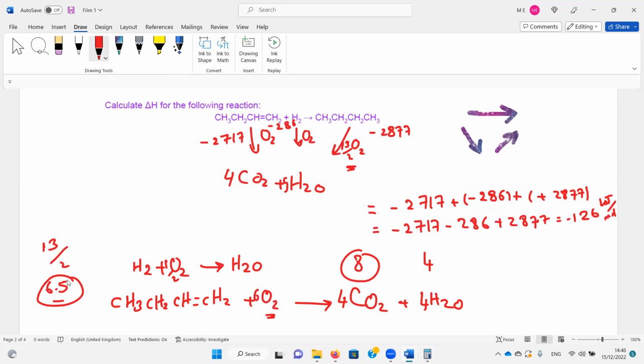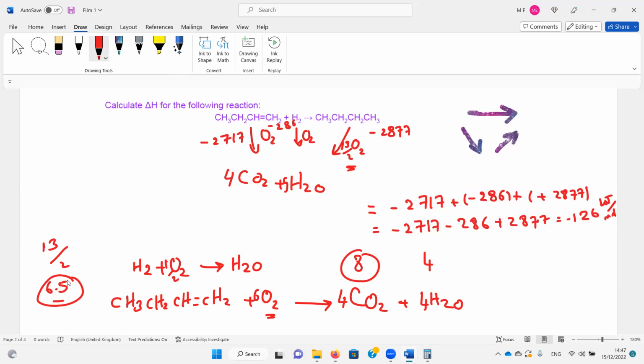I hope that was beneficial and made sense to you. So to summarize, these are the 3 types of problems that are frequently asked in the exams. It's either the bond enthalpy, when you are given bond enthalpies and you are asked to predict the enthalpy change of a chemical reaction, or if you are given data, and this data can be the data of combustion or data of formation of the chemical reaction.